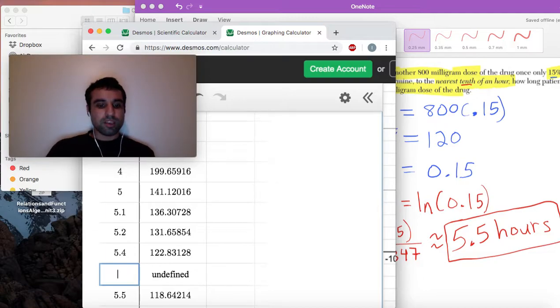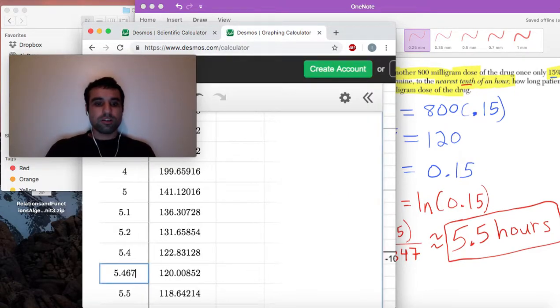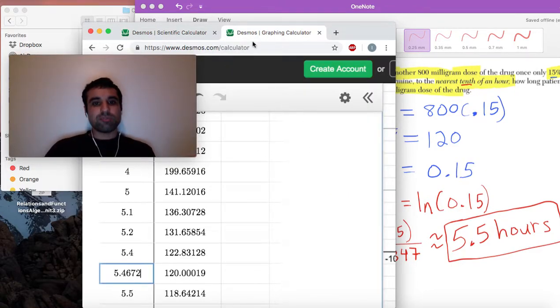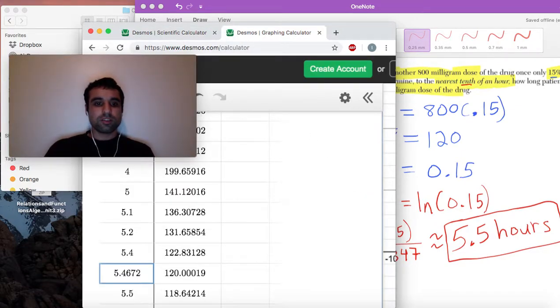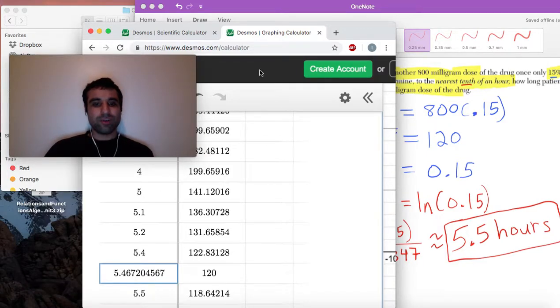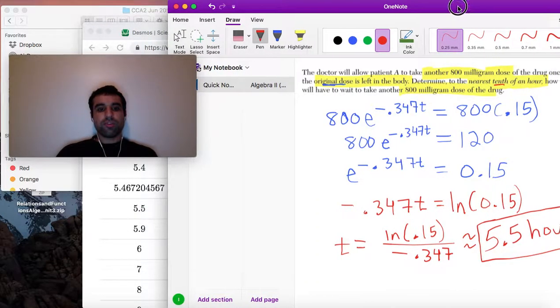So if I put in 5.4672, we see it's basically 120. All right, so we know we got our answer: 5.5 hours to the nearest tenth.